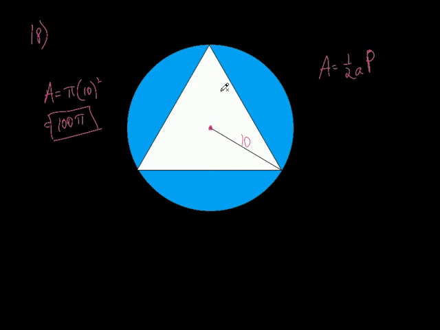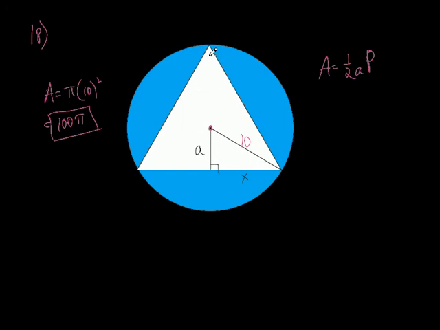So what we're going to do is drop this straight down, just like that. Got a right triangle, so that's going to help us, and that's the apothem. And let's just call this x right there. We need to find x in order to find the perimeter, and we need to find the apothem. So how does that help us? Well, it helps us because I know an angle in here.